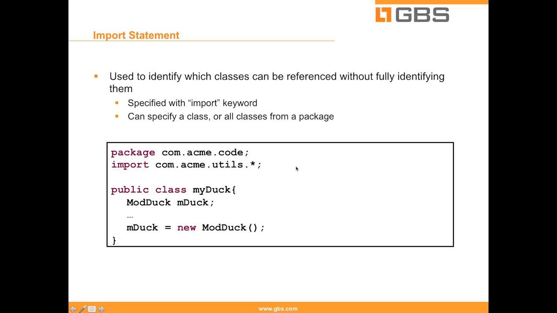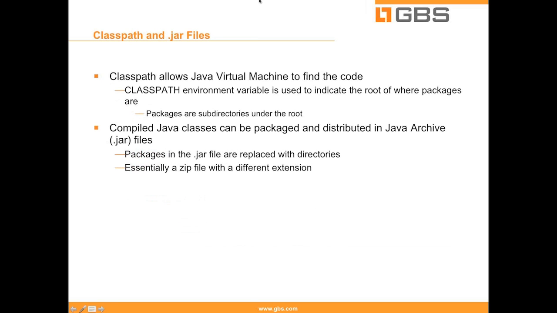That makes your code more efficient. But this is what we do for development: you'll see, for example, lotus.domino.*, com.acme.utils, bring all those in, and it makes your development that much easier when you're working with those objects.